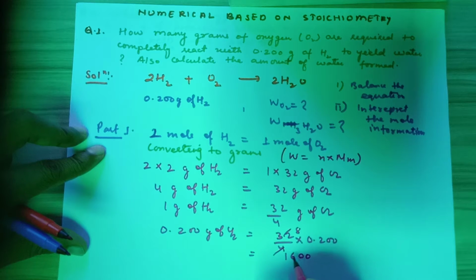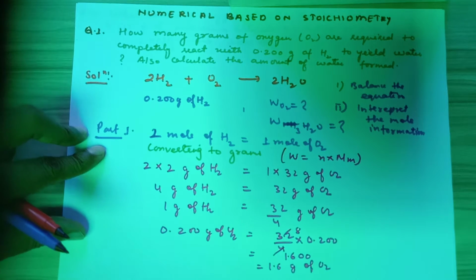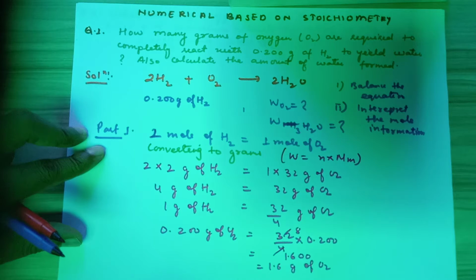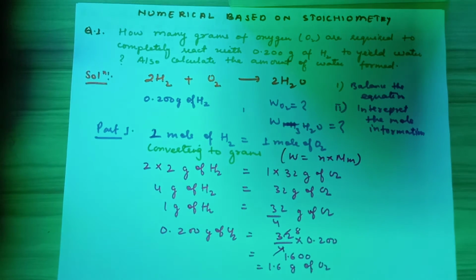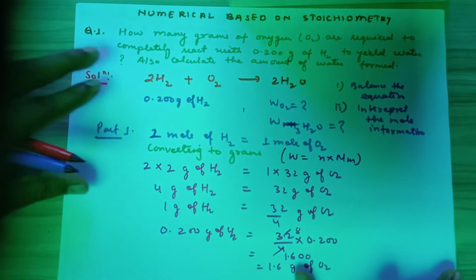After 3 decimal places we have to put the decimal, so it will be 1.6 gram of oxygen. So this is how we use the mole concept to find out the amount of substance. Now the second part. Let's deal with the second part.